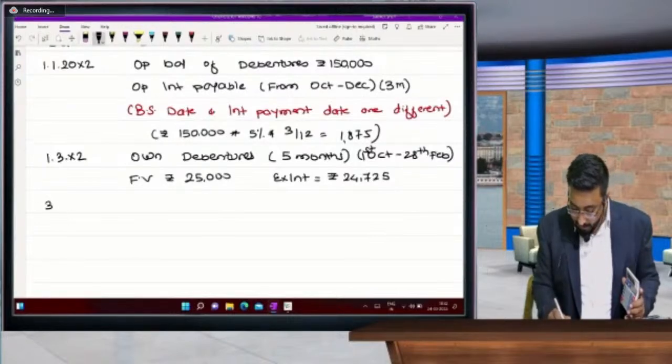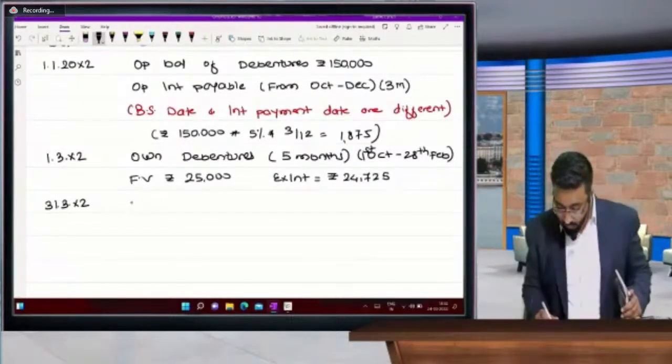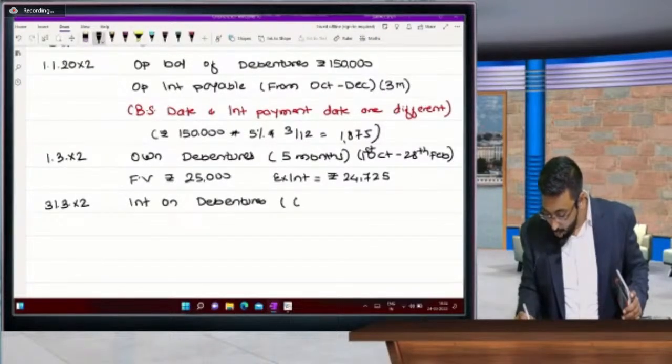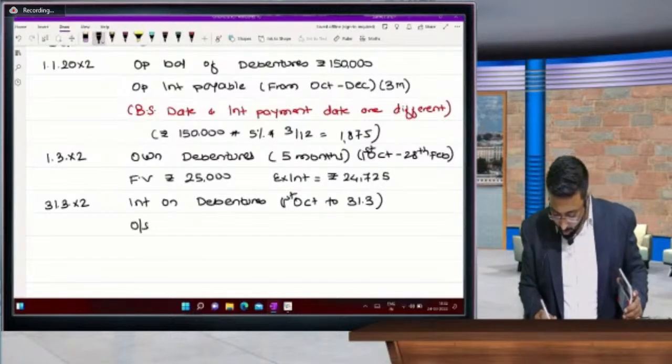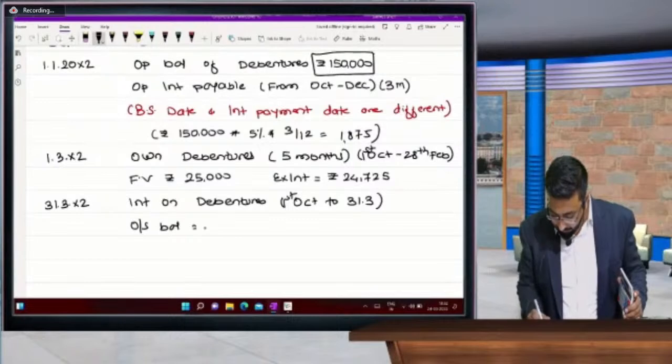Next date is 31st March. Interest on debentures from 1st October to 31st March. Now the outstanding balance is 1,50,000 minus your own purchase.